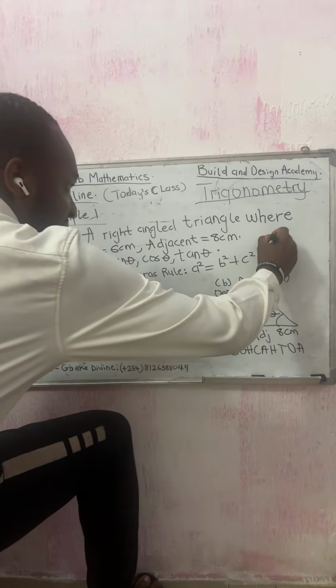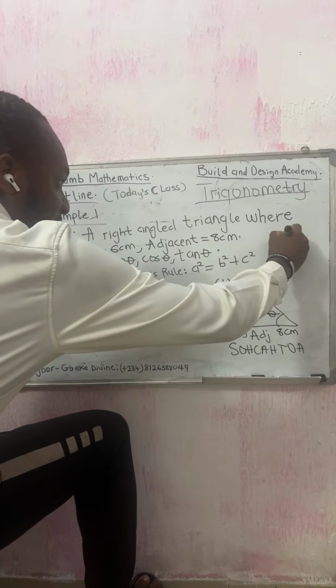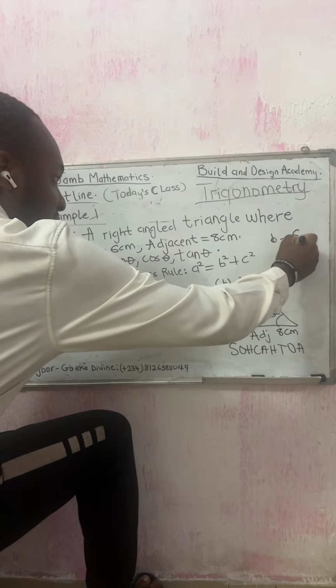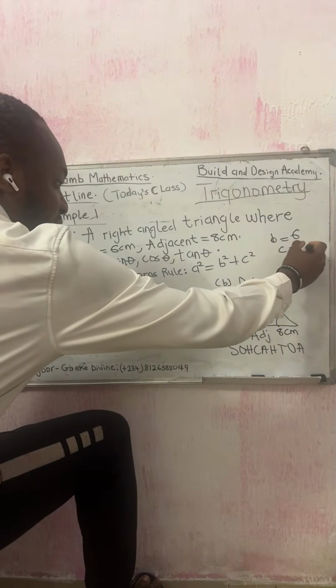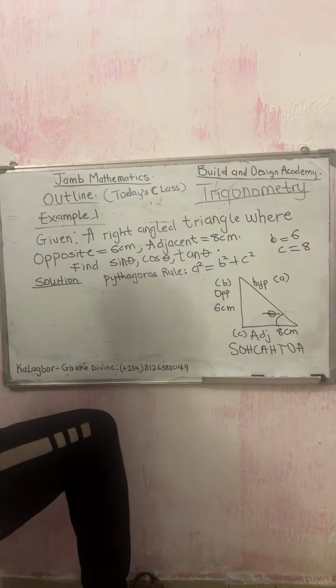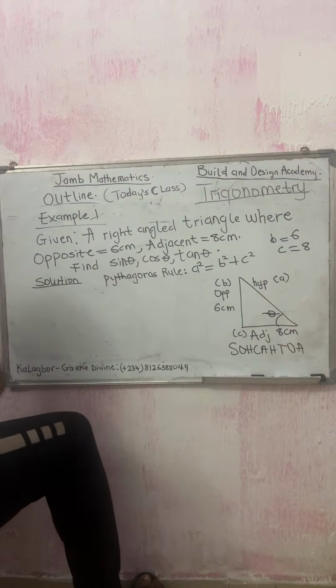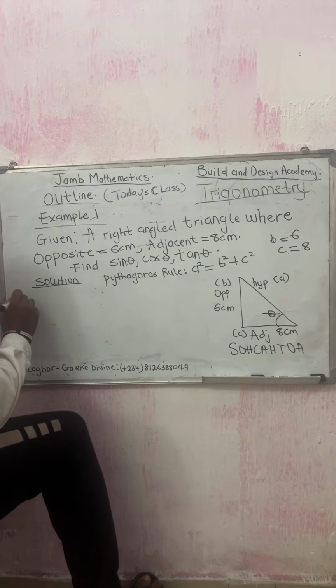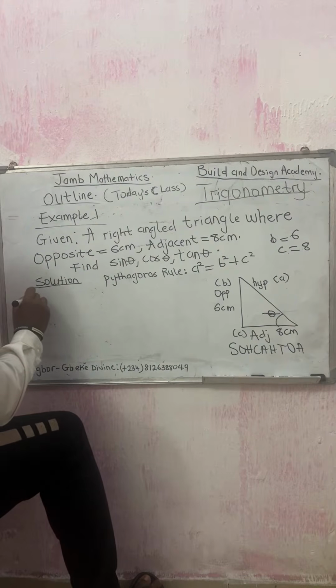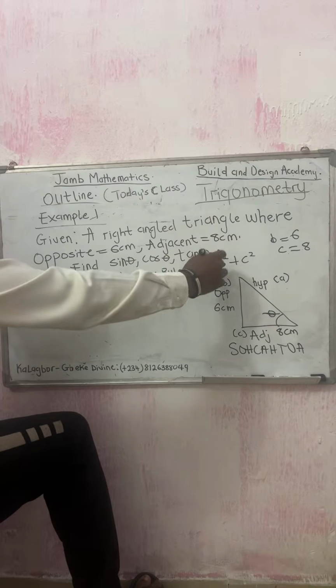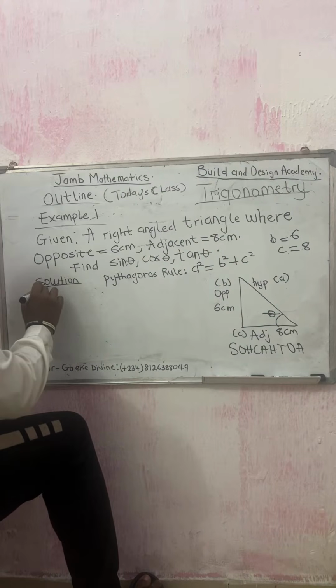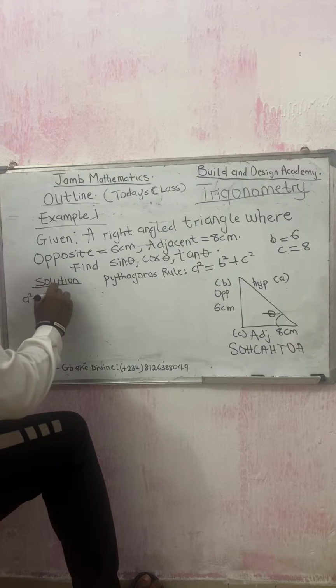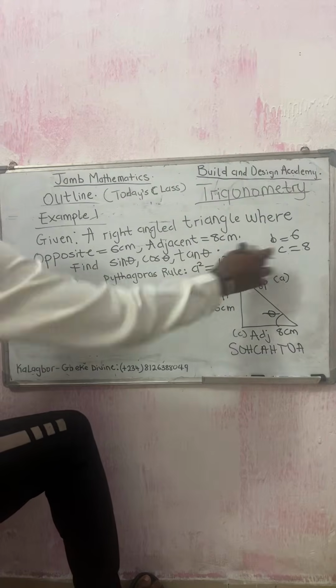So we have B as equals to 6. We have C as equals to 8. So let's substitute and get our values. A square is equals to B square, which is 6 square, plus C square, which is 8 square.